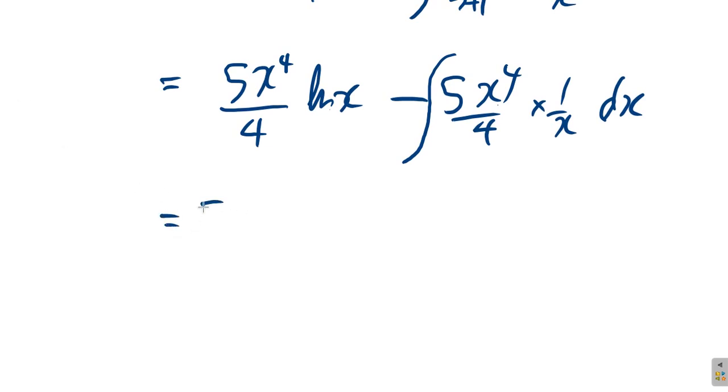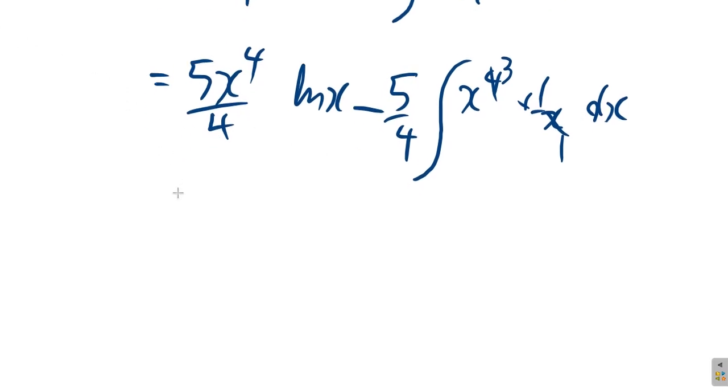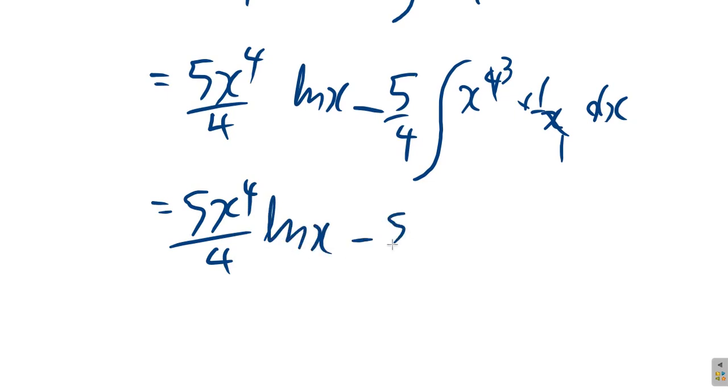Now, this is 5x to the 4th over 4 ln x minus what now? You could put the 5 over 4 outside the integral sign. So it's 5 over 4 integral of x to the 4th times 1 over x dx. But what is x to the 4 times 1 over x? It's x cubed. So what you really have is 5x to the 4 over 4 ln x minus 5 over 4 integral of x cubed dx.